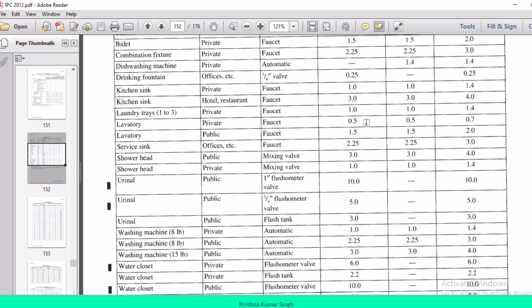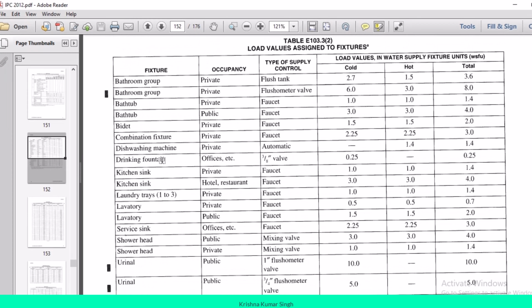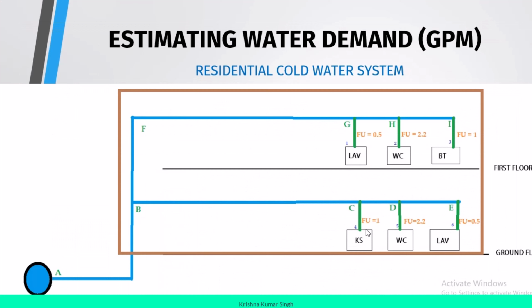Lavatory private is 0.5. In the same way we will assign the fixture unit values for these three fixtures as well: 0.5 for lavatory, 2.2 for water closet, and kitchen sink is fixture unit 1. Kitchen sink private, cold water supply 1. This is how you can assign your fixture units to each fixture.